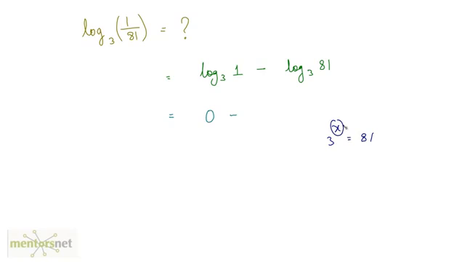Well, 3 raised to 4 is 81, right? So log of 81 to the base 3 is going to give you 4, right? So this is equal to minus 4. Hence the value of this term, log of 1 by 81 to the base 3, is minus 4. So this is how you use properties of logarithms to simplify logarithmic expressions.